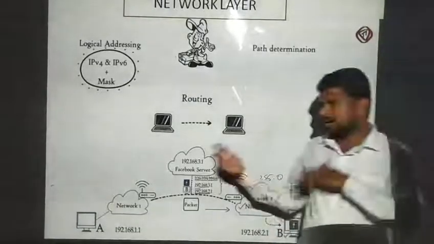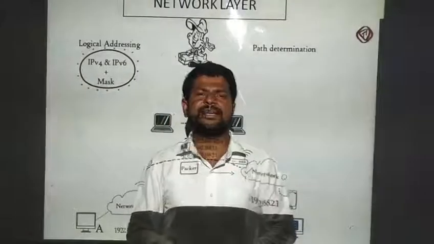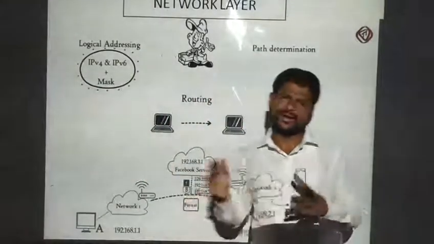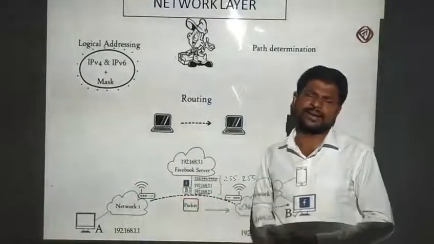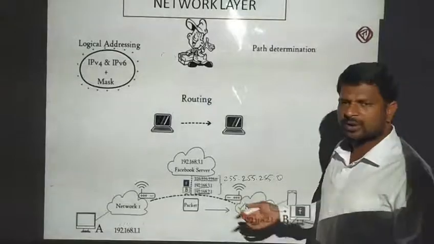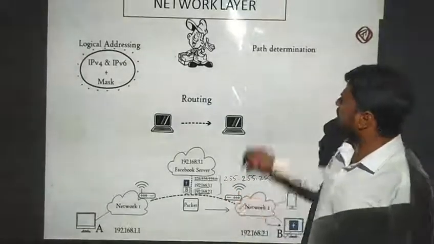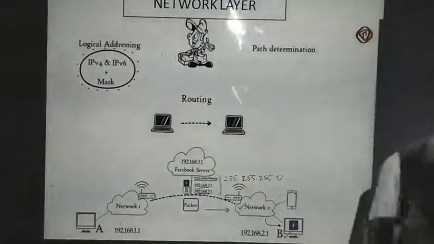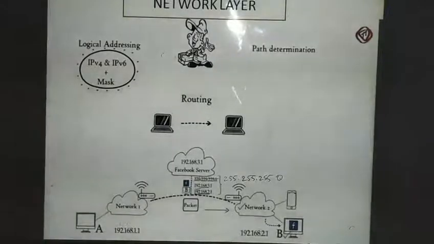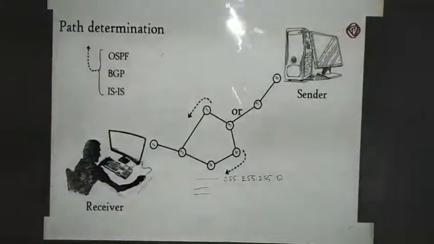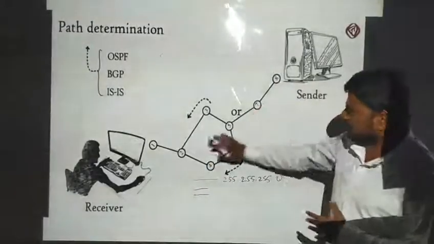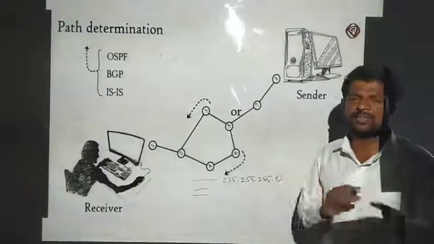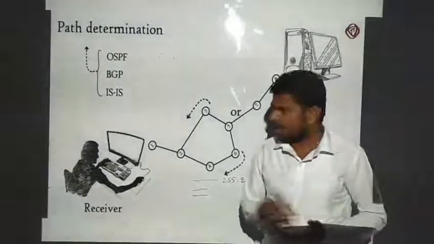Routing means sending data from source to destination between two different networks using routers. A router is a device. We already learned about the router and its function. Now next, path determination. Path determination means generally the network chooses a path which is easy to transfer the data from source to destination.